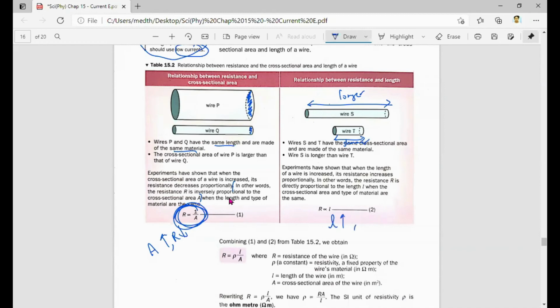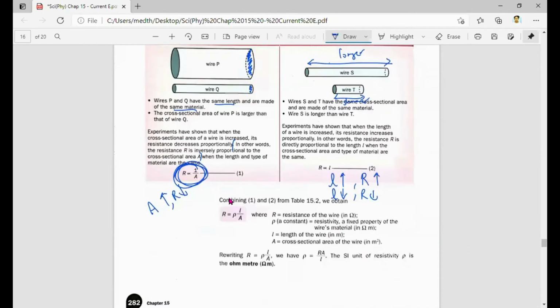When the length increases, the resistance also increases, and the other way also holds true: when the length decreases, resistance decreases accordingly. Putting all this together, there's a formula: R equals rho L over A. This rho is a constant. We call it the resistivity. It is a fixed property of the wire's material, so depending on what material it is, the resistivity changes. If they have the same material, both resistivities are the same.